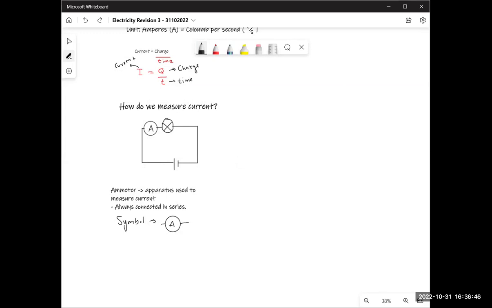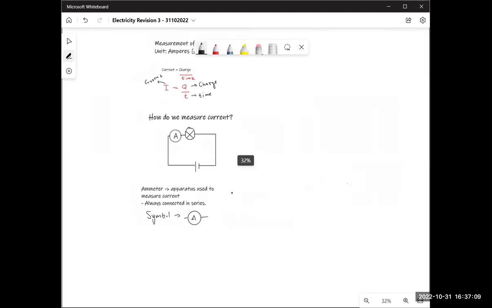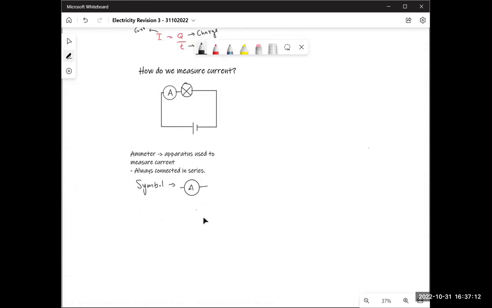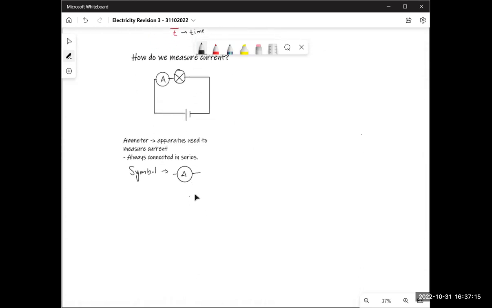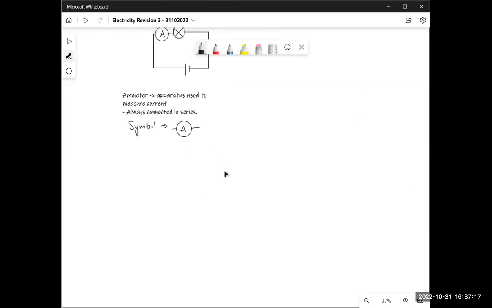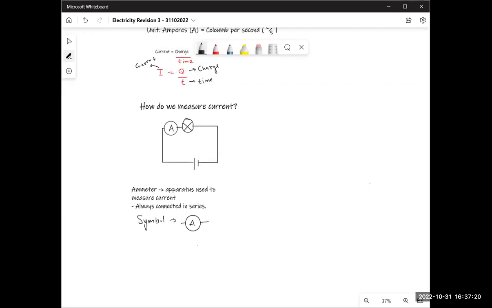Now, before that, let's look at another thing. Right, that's done. Now we know how to measure current. That's perfect. Next thing we have to look at is what is voltage.